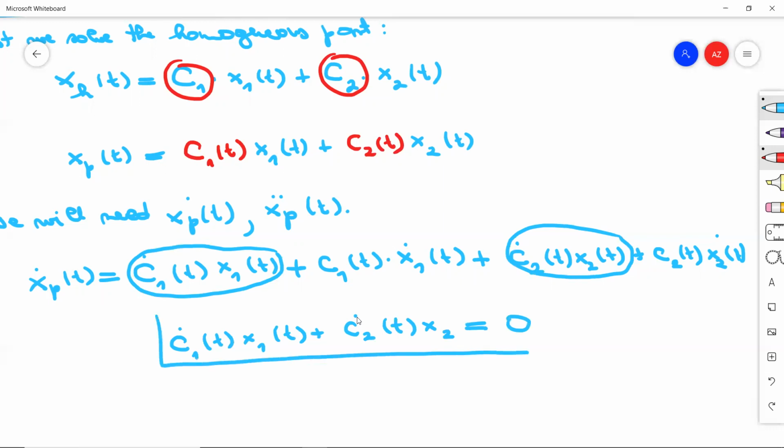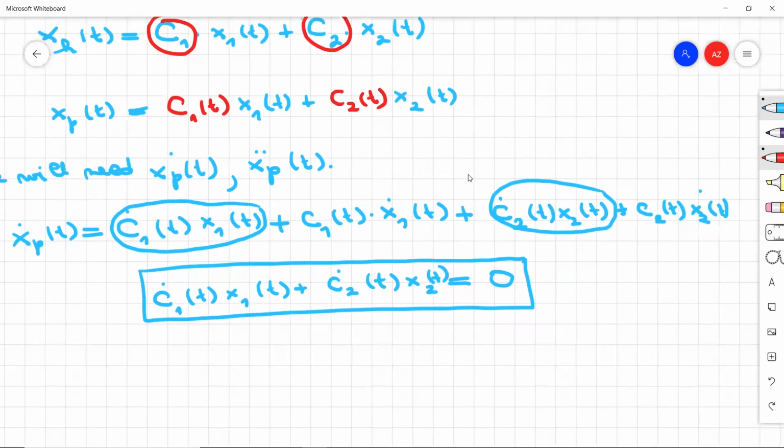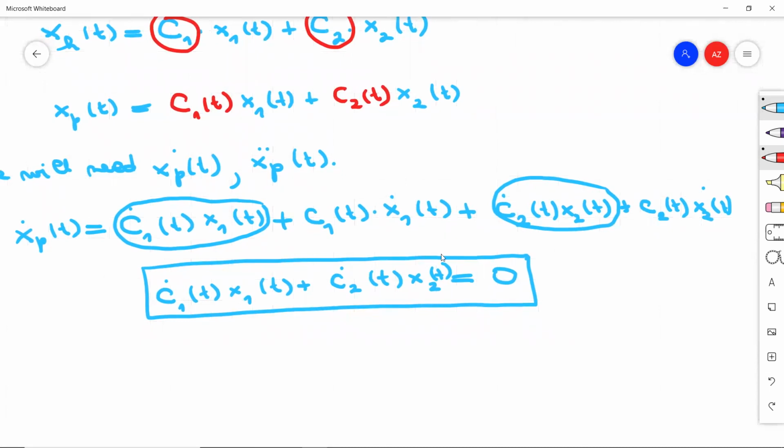So we add this. There is nothing wrong with adding this. If this equation leads us to some contradiction, this doesn't mean that the particular solution doesn't exist. It only means that this reduction was not the right one, so we should try another reduction. But it turns out that this reduction always leads to the solution.